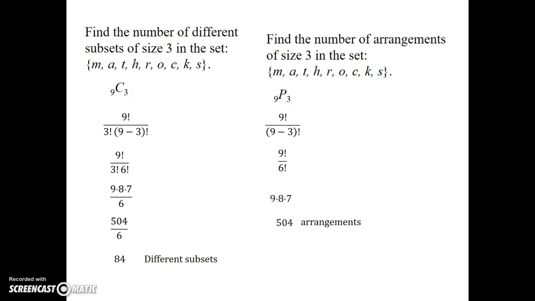So you can see here that there are only 84 different subsets because order doesn't matter, but there are 504 arrangements for permutations when order does matter, because MAT is different than ATM in a permutation, but it's not in a combination. So make sure you know those different formulas, the formula from last lesson for permutations and the formula from this lesson for combinations. And you can see that this factor right here is the only difference.